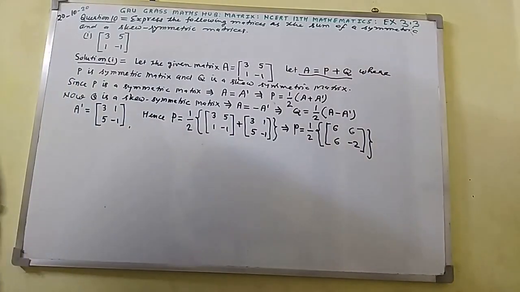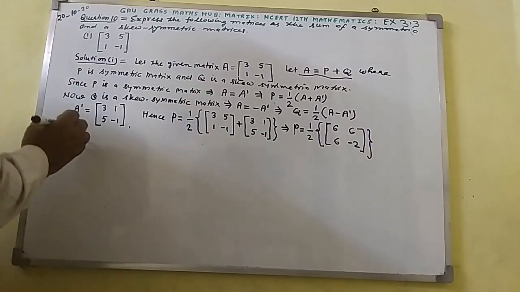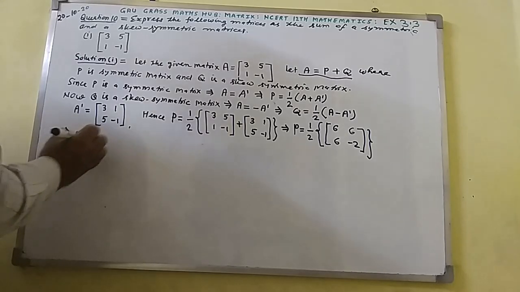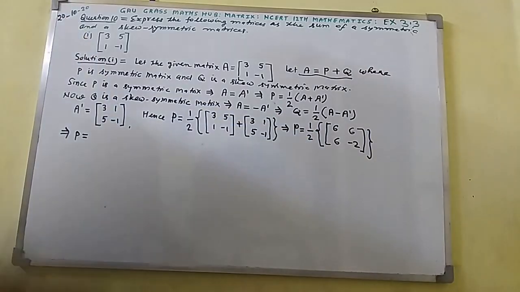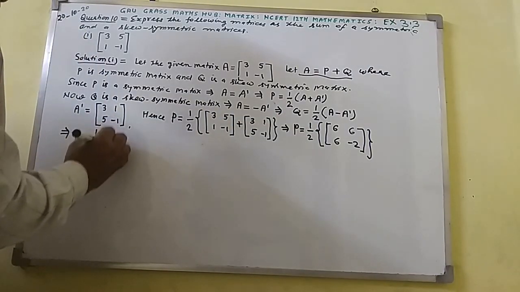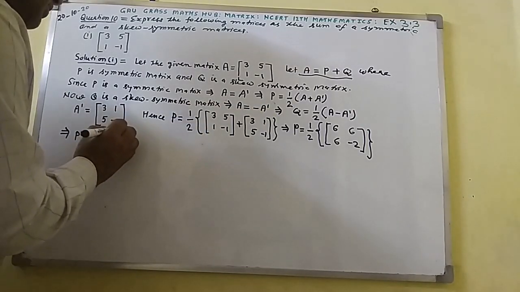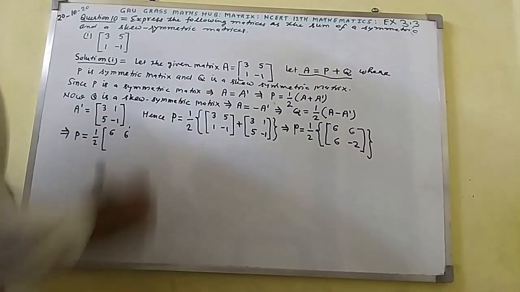So here it will become, implies that P equal to 1/2. I shall write the opening of the square bracket. The elements of the first row you can see 6, 6. The elements of the second row you can see 6, -2.